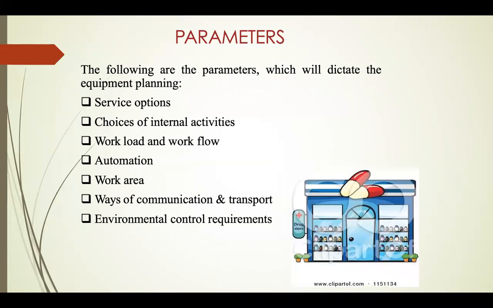Parameters of equipment: the following parameters will dictate the equipment planning. Service options, choice of internal activities, workload, automation, work area, ways of communication and transport, and environmental control requirements.